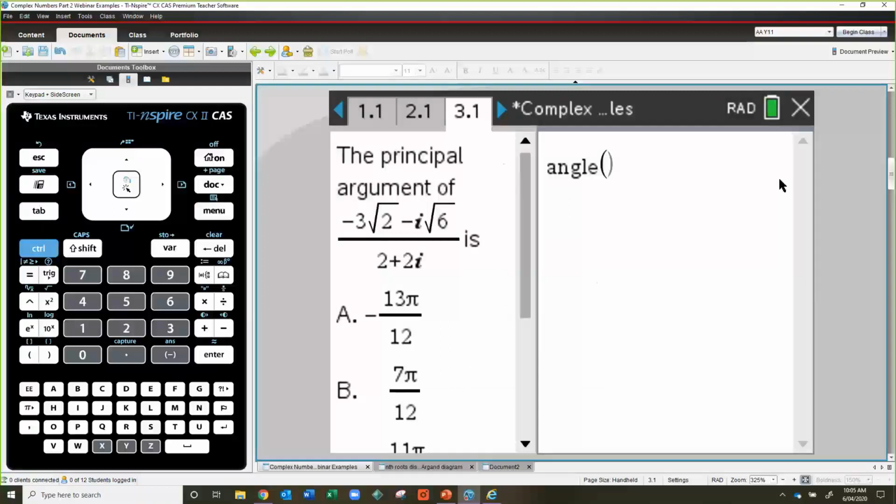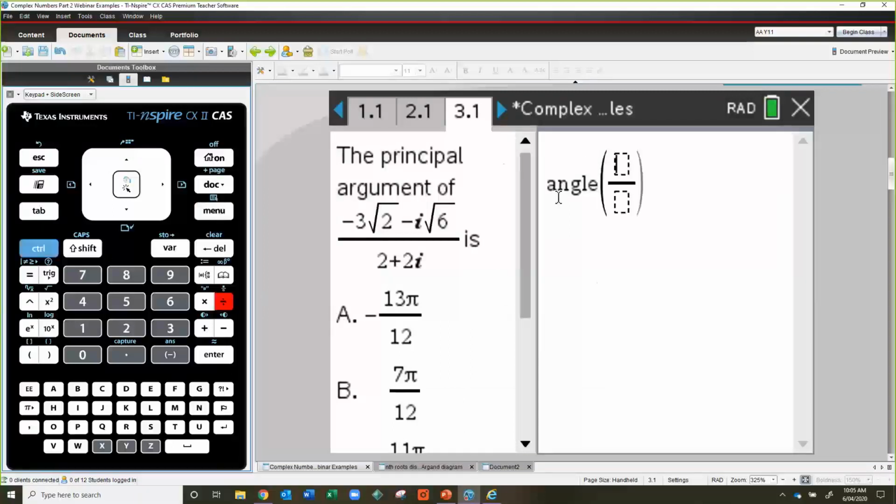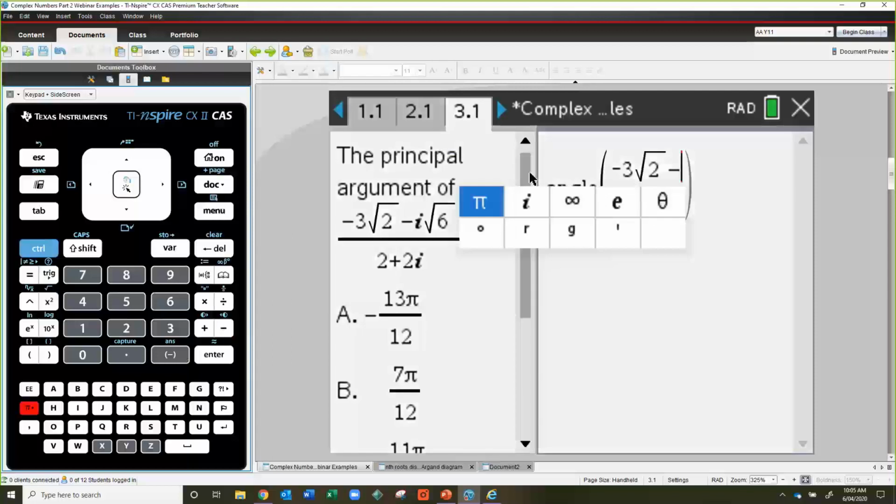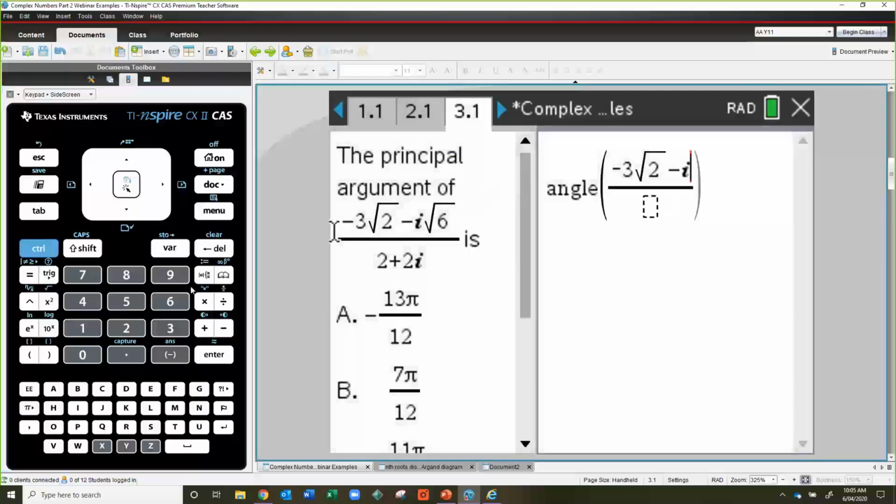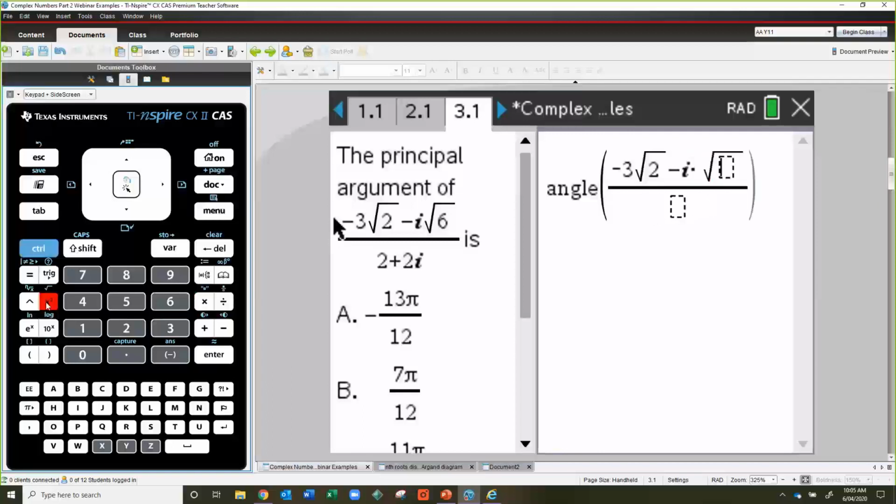It just says angle, and now we'll enter the complex number, which is minus 3 square root 2, take away i, multiply times square root 6, and below the line we have 2 plus 2i.